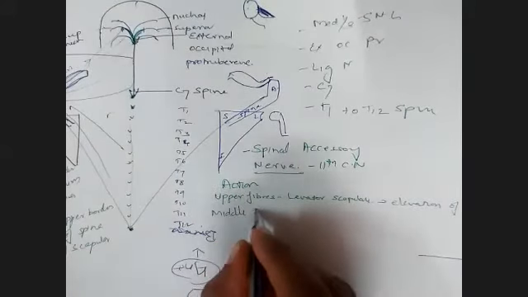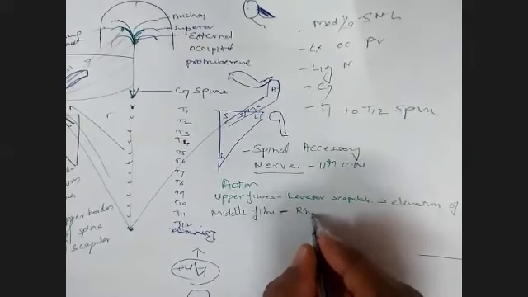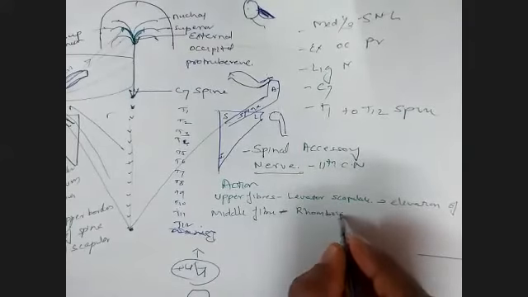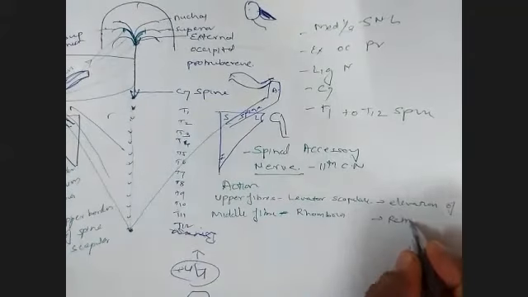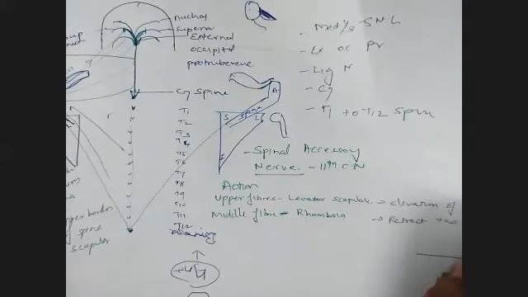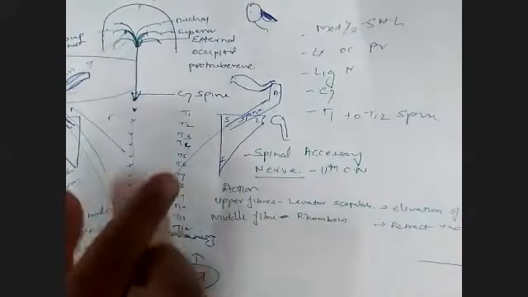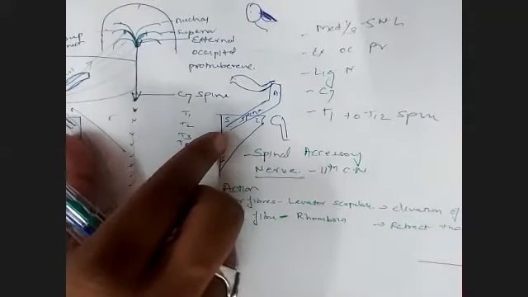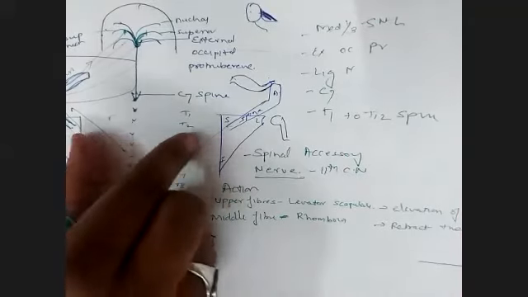Middle fibers along with the rhomboids, now rhomboids are the muscles which are attached here, I'll talk about that, will retract the scapula backwards. So upper fibers elevate the scapula. Middle fibers, when they contract, will retract the scapula towards the midline.